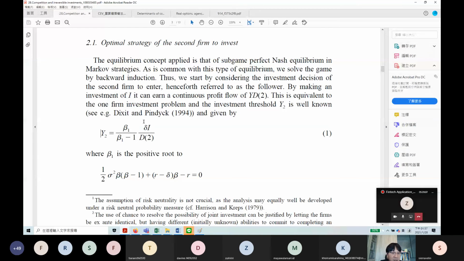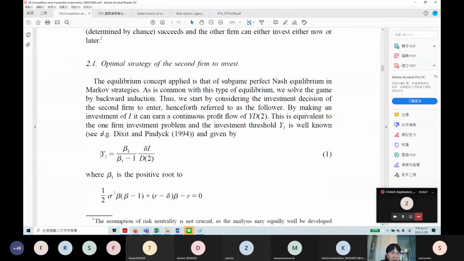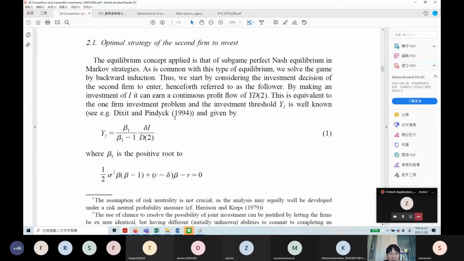That's fine, so you can move the D here. D times y is your pi, right? They just move the D into here. Okay, we can use the value matching condition and the smooth pasting condition to find out equation one.